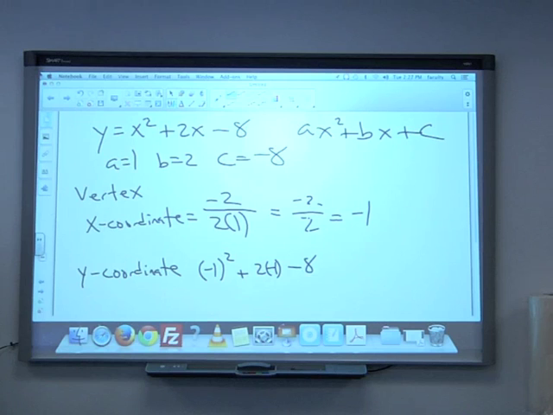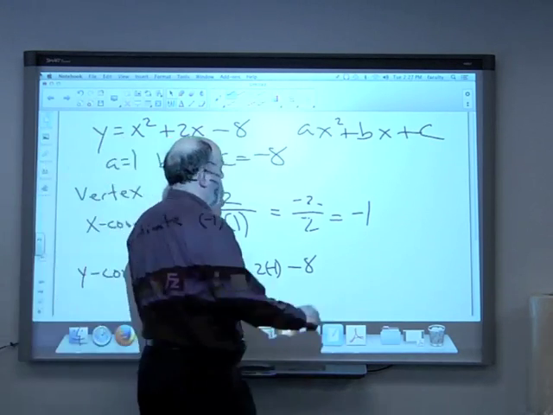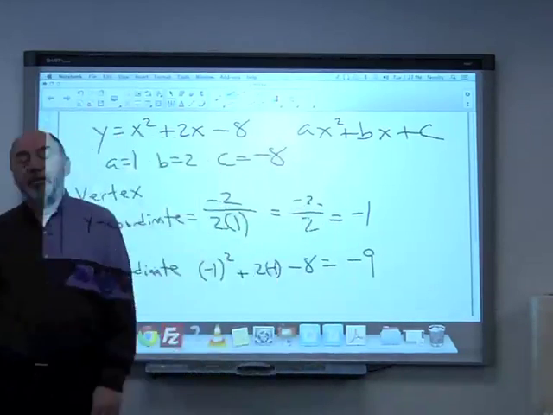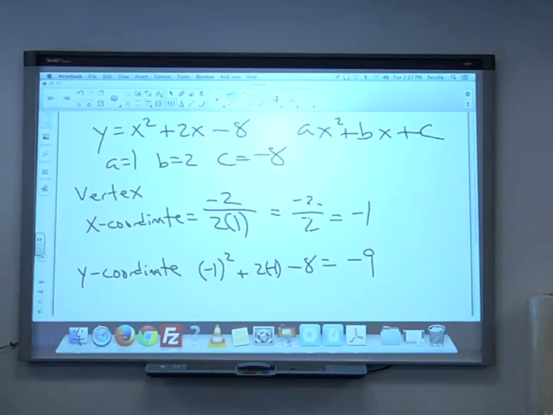So we end up with 1 minus 2 minus 8. Oh, you just dumped it. I just dumped it in. Okay, yeah, sorry, I was writing down the vertex stuff. And that'll give us a y-coordinate of minus 9. So that would be the coordinates of the bottom of that curve.